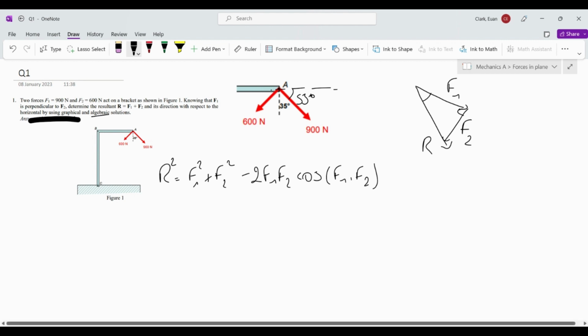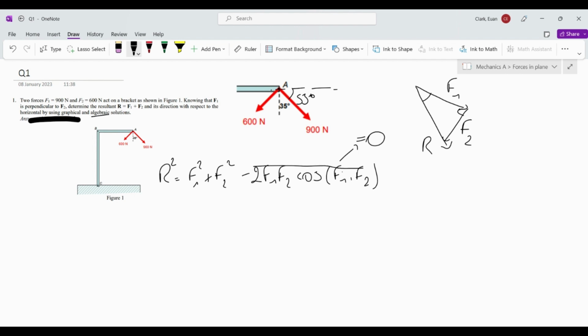This formula is used for any triangle, but in this case, this is why the information is important. F1 and F2 are perpendicular, meaning the cosine of 90 degrees is 0. So all this factor here disappears, and we're just left with this information. So we can easily calculate R using this.